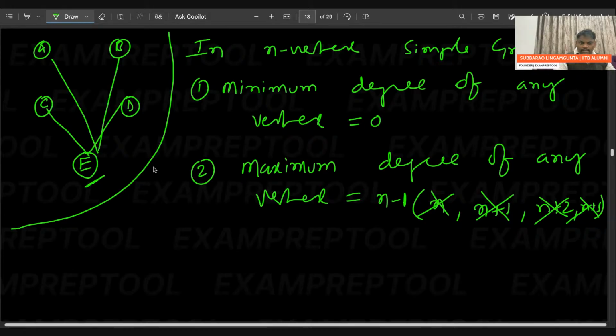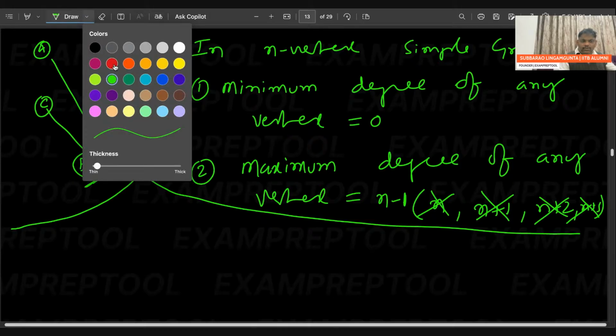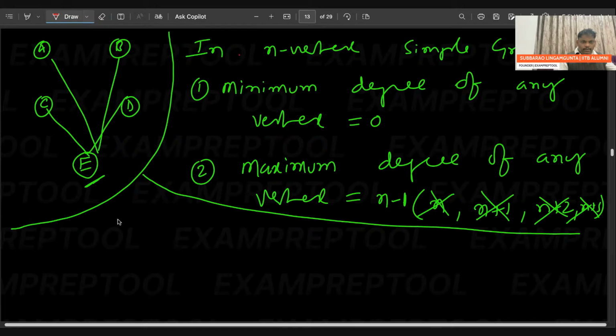So some people are asking, sir, simple graph, okay, but what about parallel edges, sir? We'll see this. What about parallel edges? Understand everyone this? See this one.